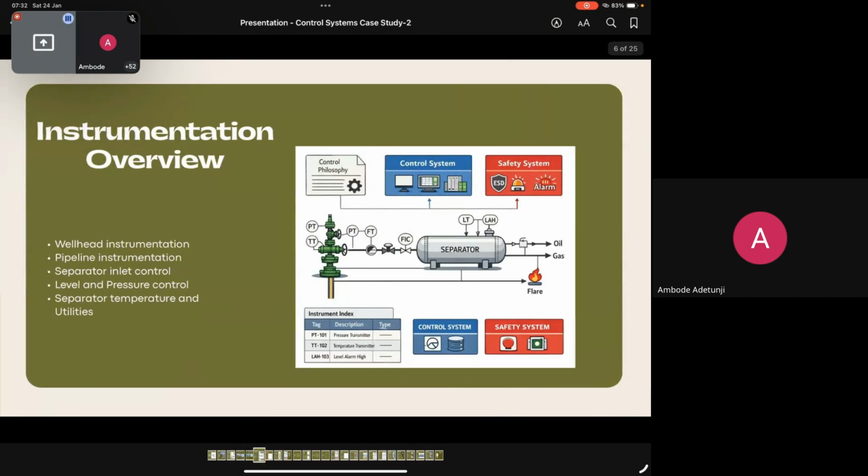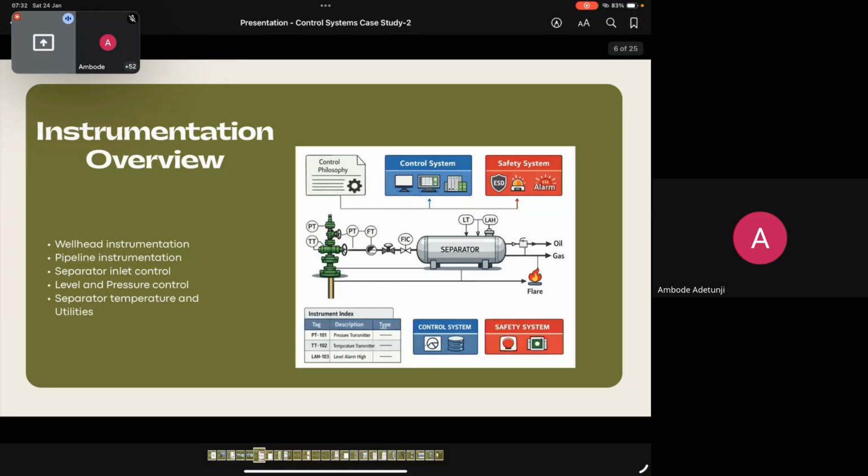All right. So now, the instrumentation overview. In order for us to sense what is happening on the wellhead, we need to put what we call sensors. These sensors are the same things we refer to as instruments, right?